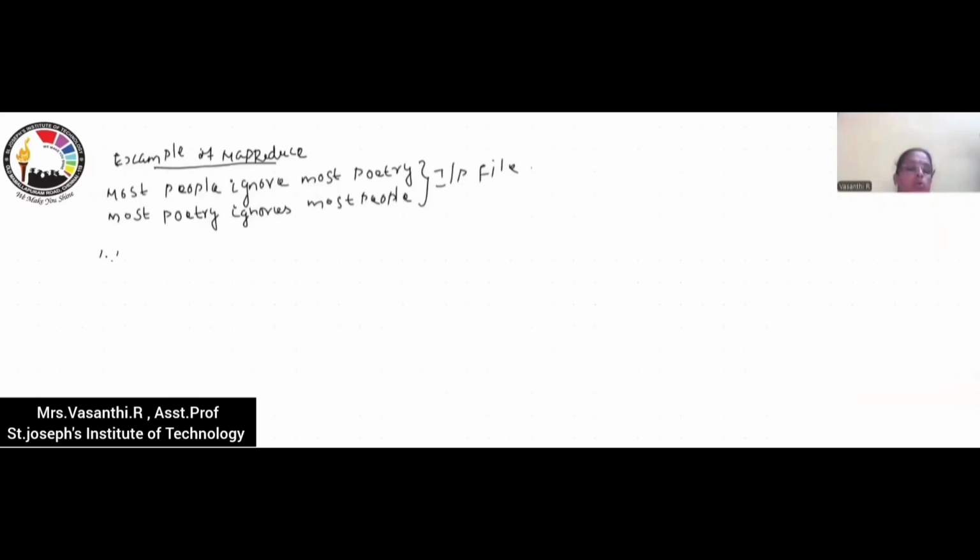Next, we already saw the 5 processing stages of MapReduce. The input file is going to be split into a number of blocks. The second step is input splitting.